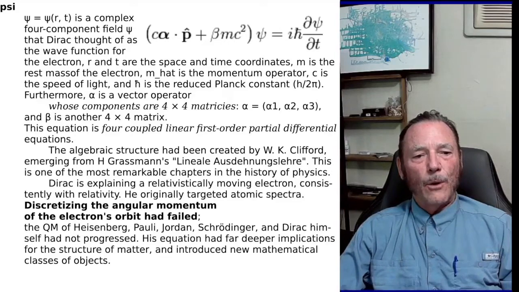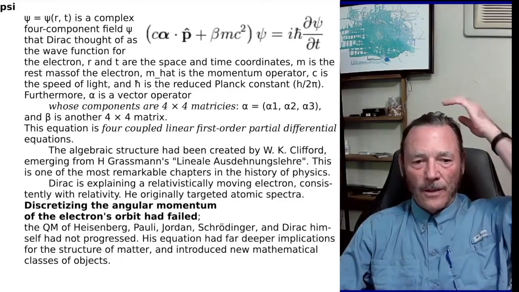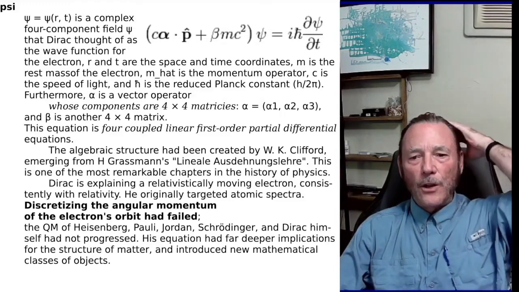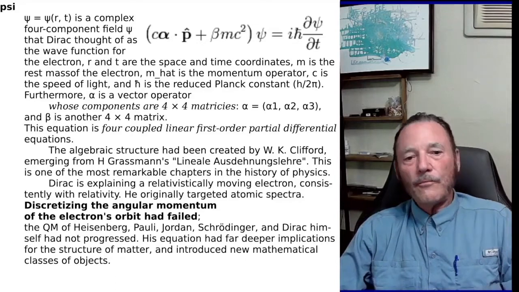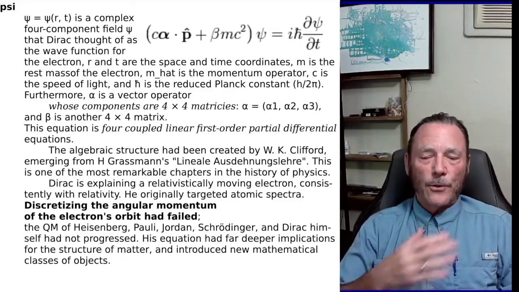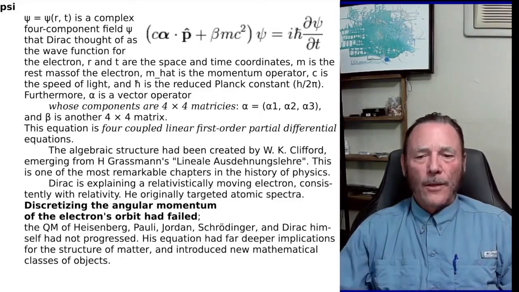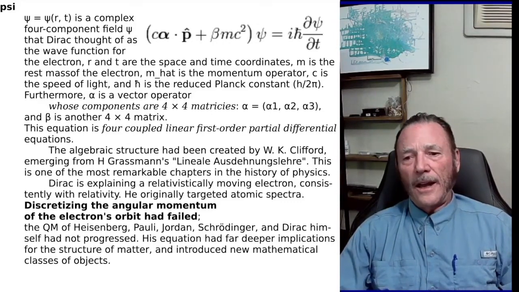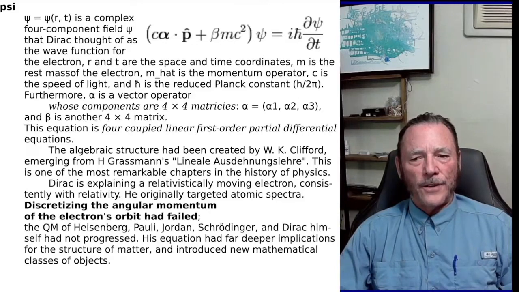Discretizing the angular momentum of the electron's orbit had failed. That is the problem. That is the only problem. And it's well stated, and this also affects the Big Bang theory, the black hole theory, the theory of galaxy evolution, and everything else in astrophysics, and everything else in atomic physics.